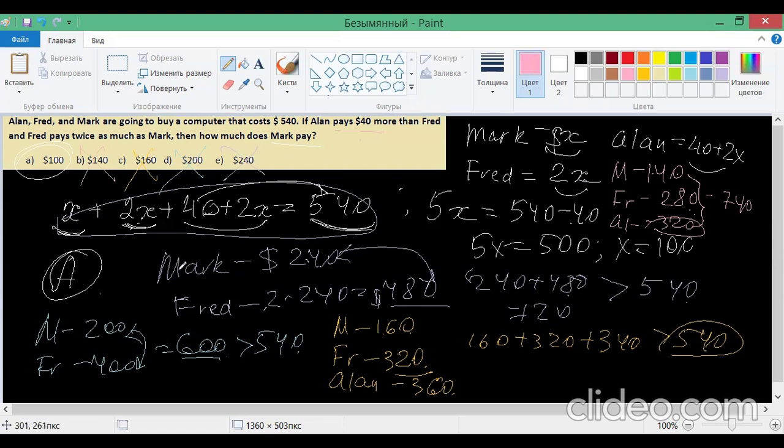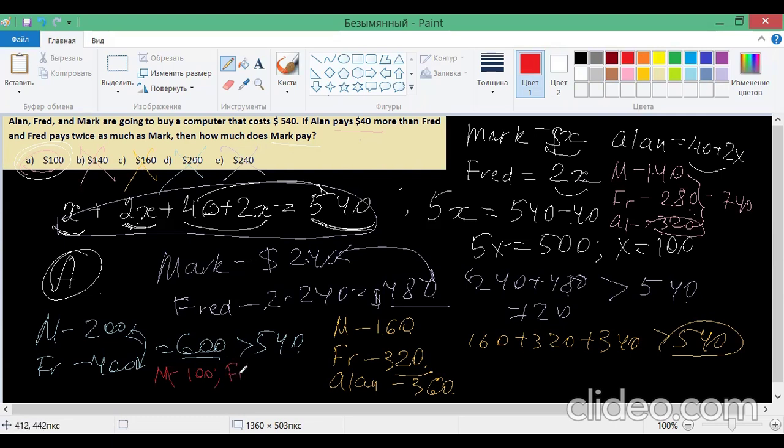And the only option which is left is this one, 100. Let's check it. Maybe it's not correct. Who knows? I'm joking. Okay, which color to choose? Let it be red. So Mark gives 100.